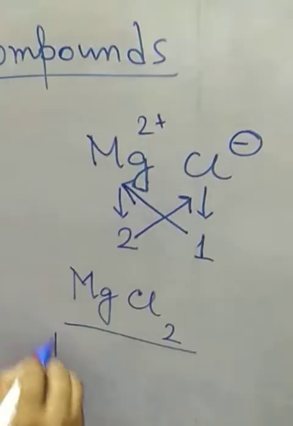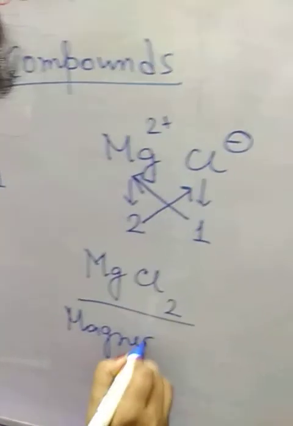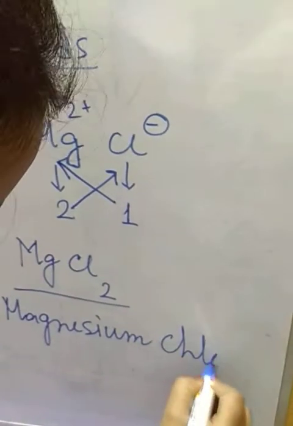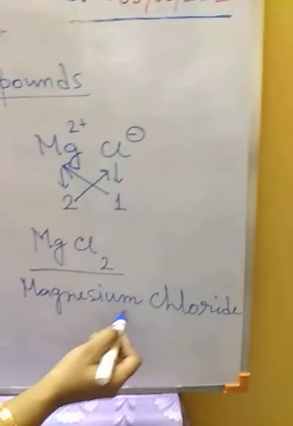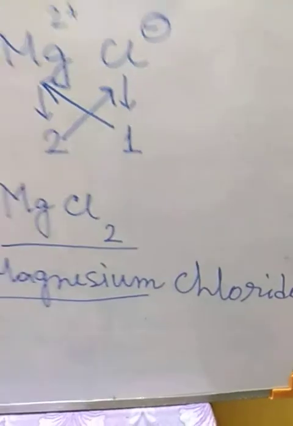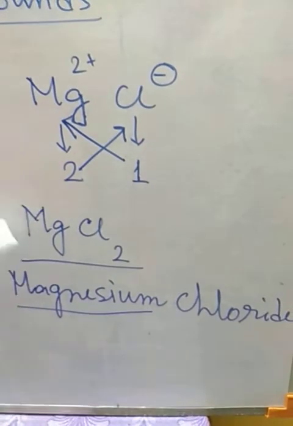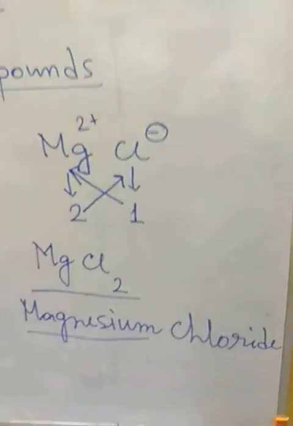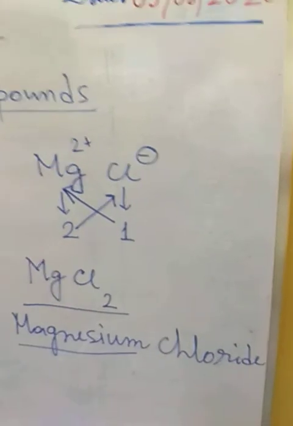So the name of the compound will be magnesium chloride. Here you can see one thing. Magnesium is the positive ion, or metallic radical, so its name does not change during the formation of the compound.